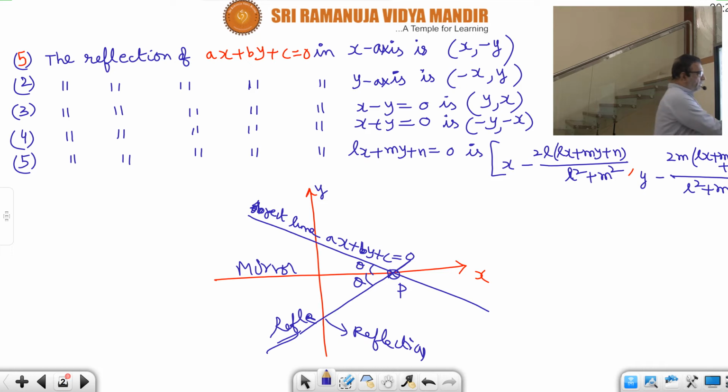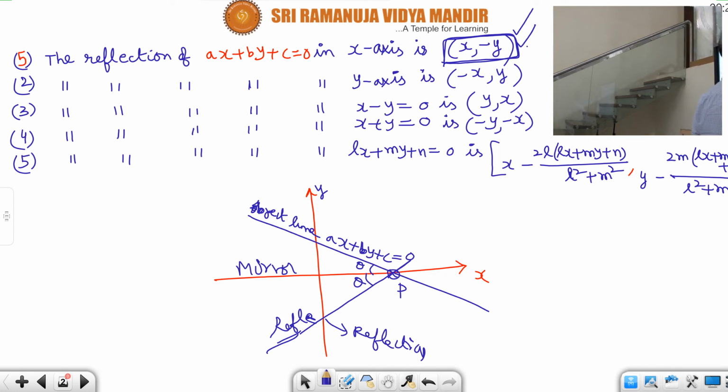The reflection of the object line ax plus by plus c is equal to 0 in the mirror line, the x-axis, is what? For this there is a simple method. Already for a point x comma y we have this formula, is it not? The reflection of the point x comma y in the x-axis is x comma minus y.